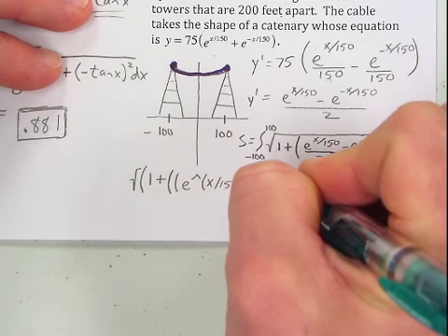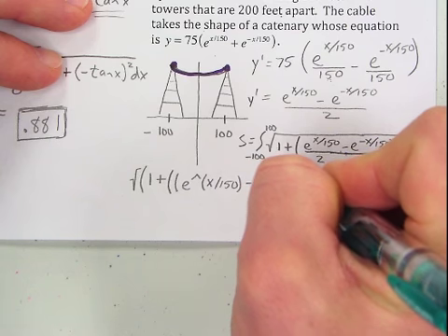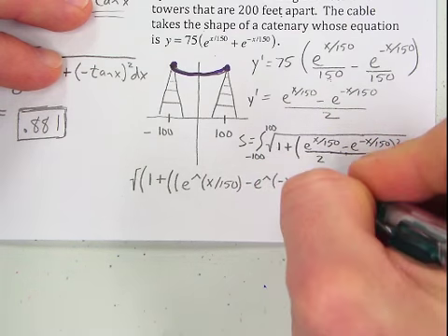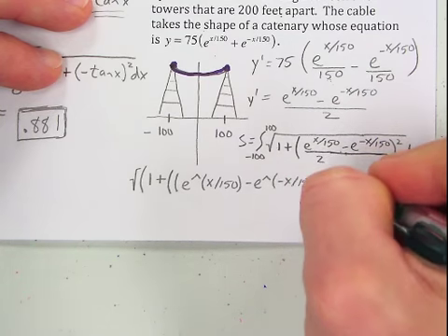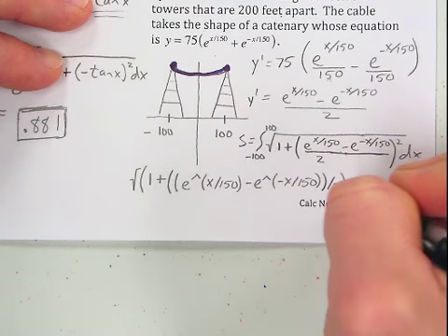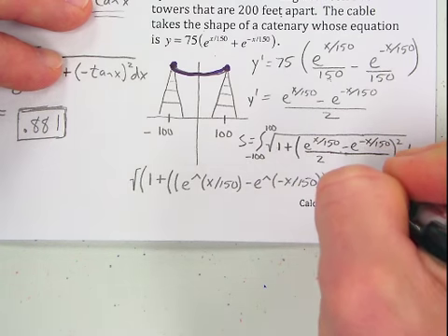Okay, so we're going to close the numerator, divide by 2, close the derivative, square it, and then close the radical. Whew. That is a little long.